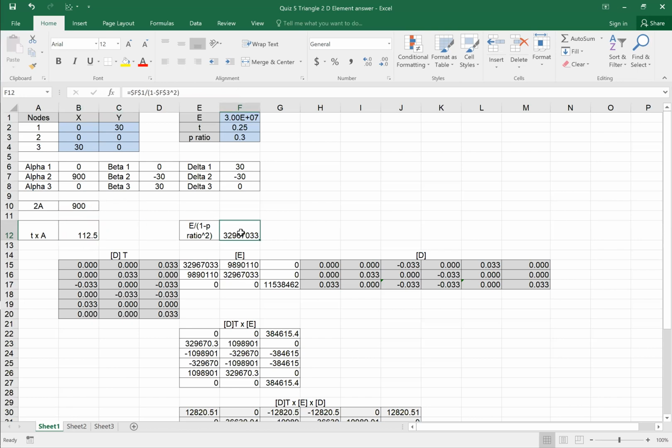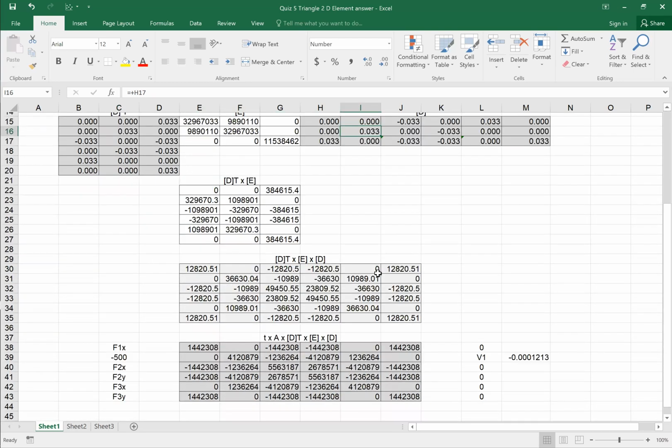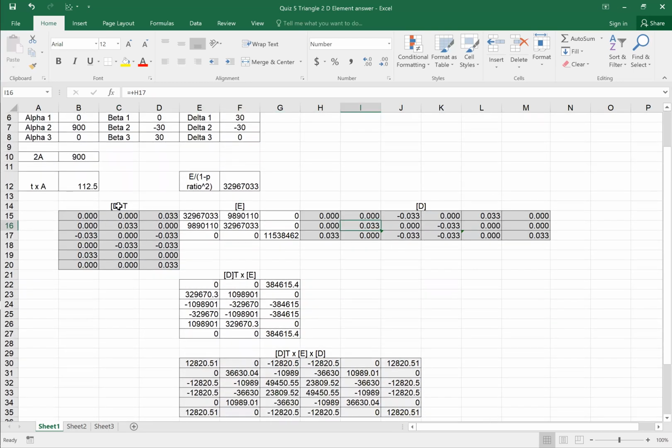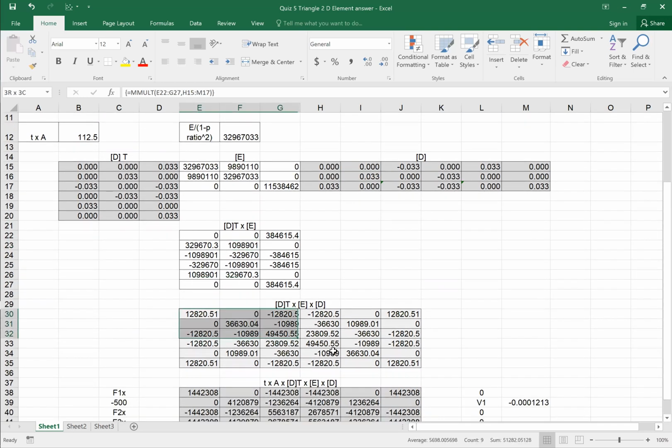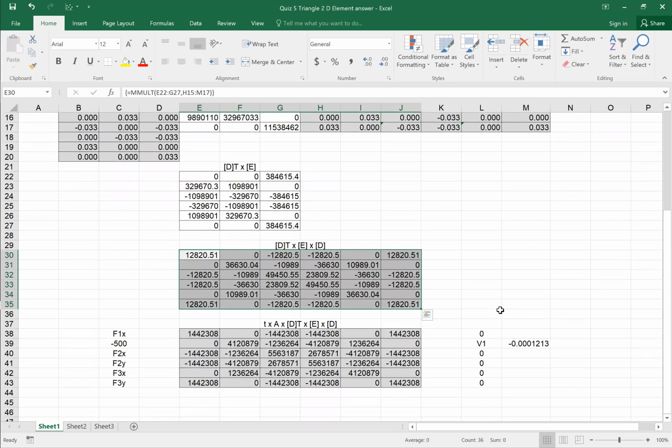Then you calculate a constant for E, the elastic matrix. So it's a 3 by 6 times 3 by 3 times 6 by 3. You multiply the strain displacement matrix B transpose times E, and then you assemble the 6 by 6. Done, and that's it.